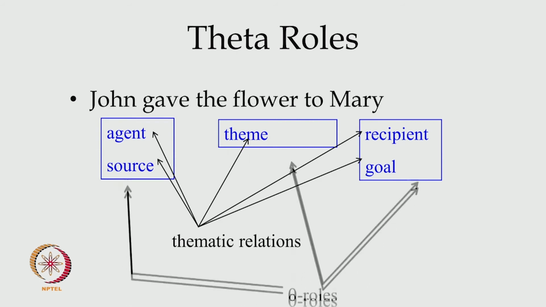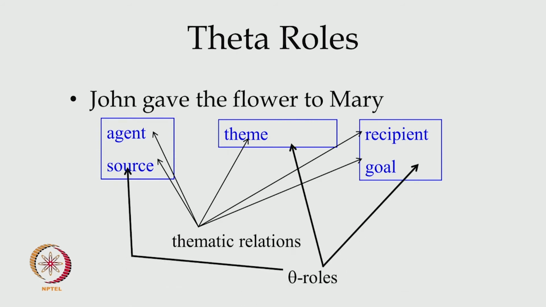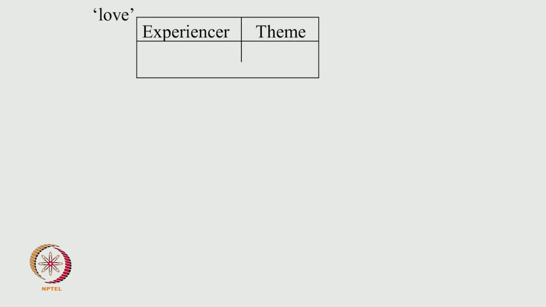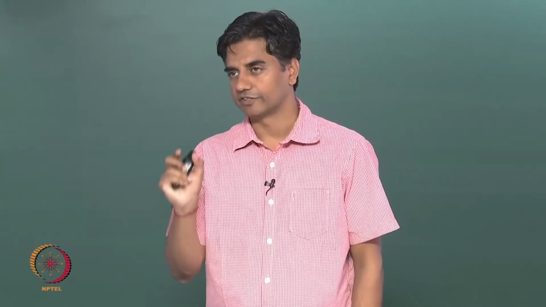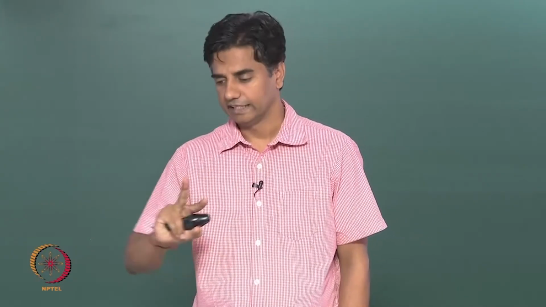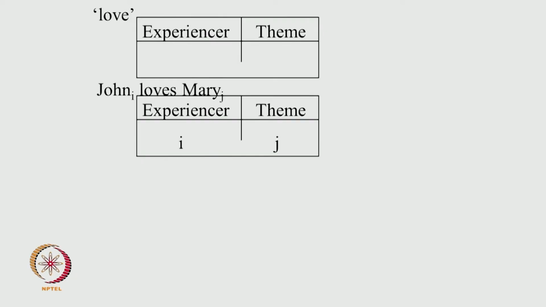And these are theta roles. Now, I want you to look at the grid. See, for a predicate verb like love, it has 2 grids. One is experiencer, the other is theme.